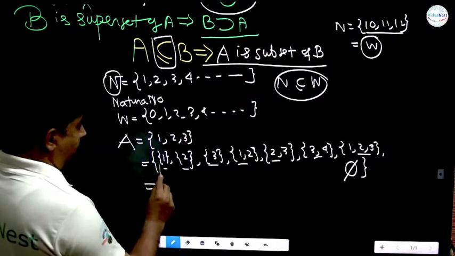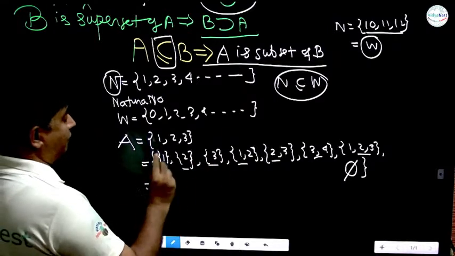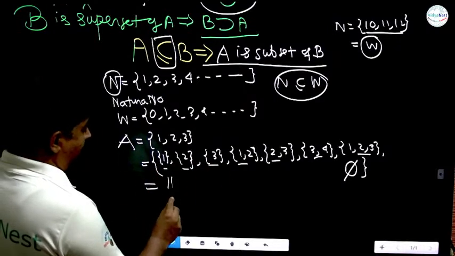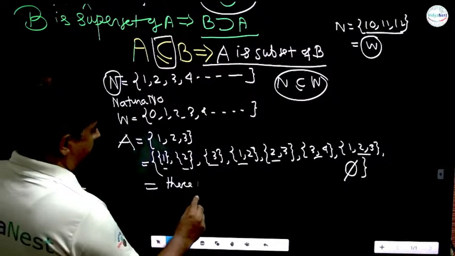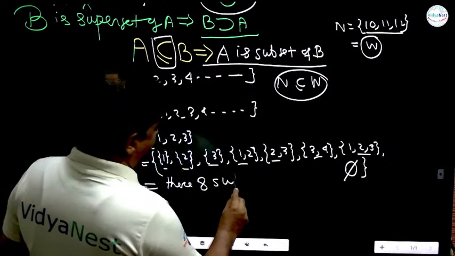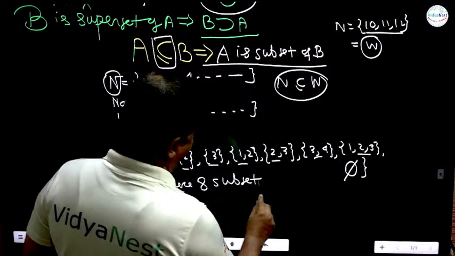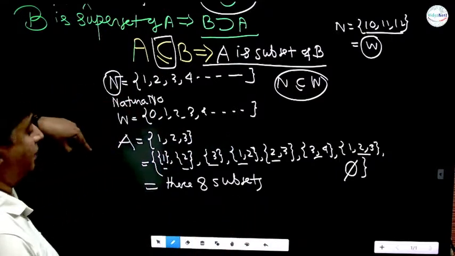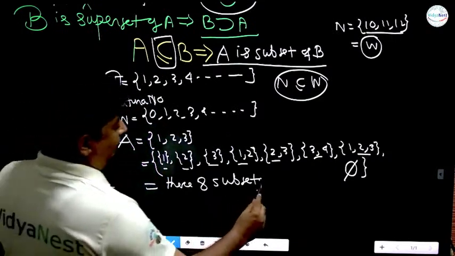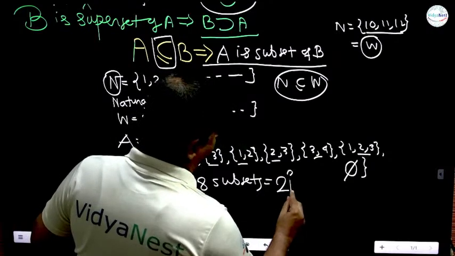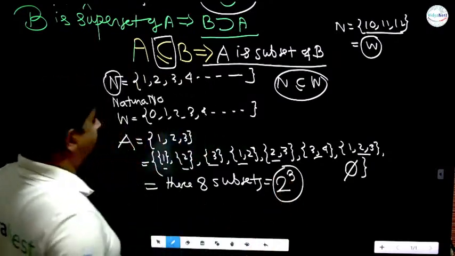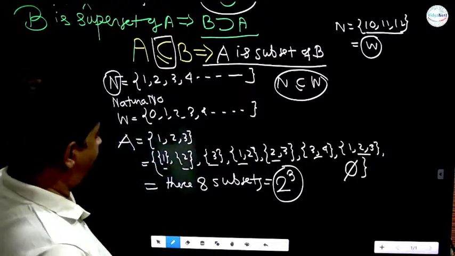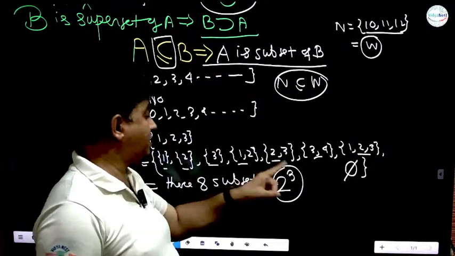So how many subsets do we have? Therefore, there are 8 subsets, as the set has 3 elements. So it came from 2 cubed, 2 to the power 3.